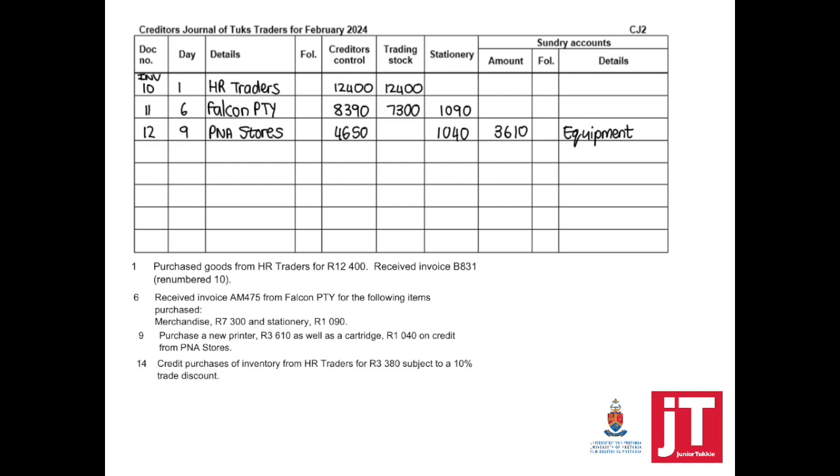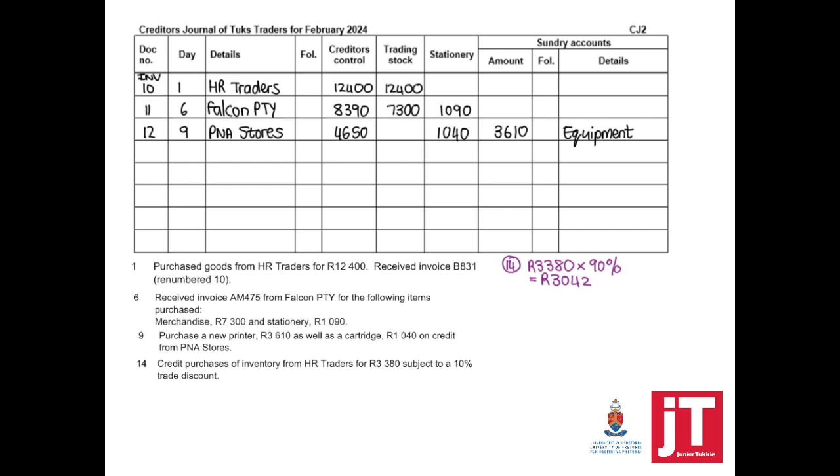Day 14. Credit purchases of inventory from HR Traders, 3,380, subject to a 10% trade discount. Trade discount means paid less on items purchased. So now there's a calculation involved. There's two ways of calculating it.